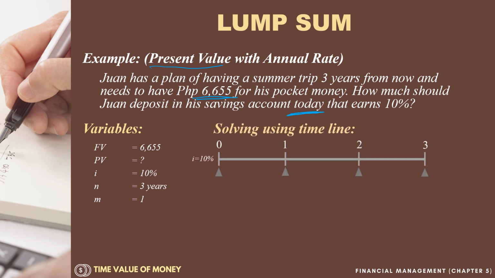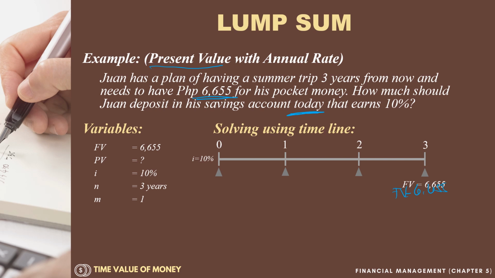Just the same with our previous computation, we have here year 0, 1, 2, and 3. Unlike the first example, where we started with year 0, here we will be starting with year 3, given that we have the 6,655 as our future value.